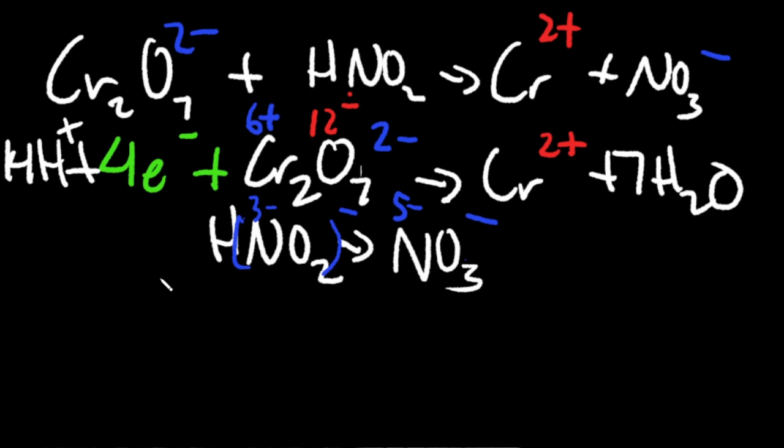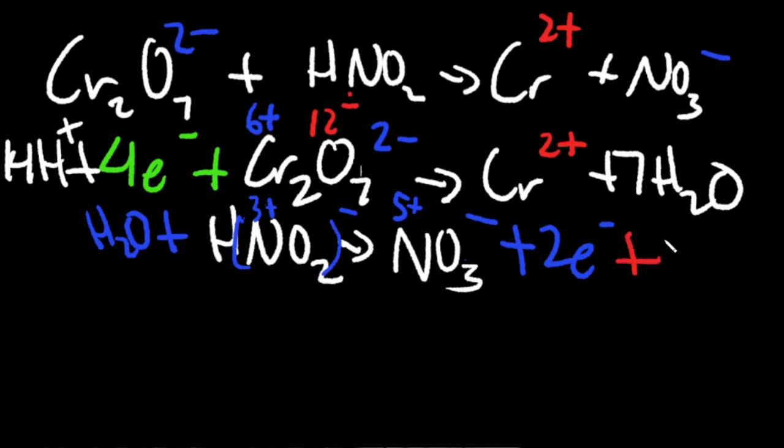So you would just add 2 electrons here, and then balance the oxygen. Since this is 2 and this is 3, you just add 1 water molecule right here. So that will combine to plus 3H plus.